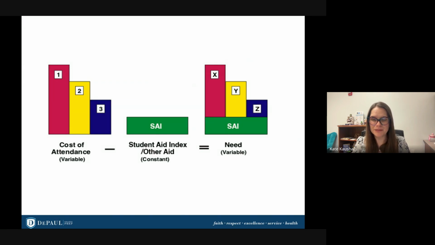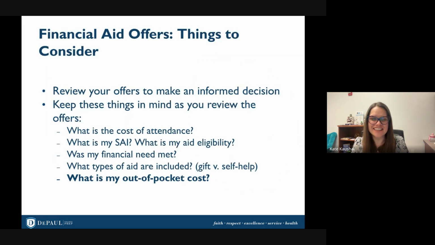Now, a problem can be, even if you have full need, that not all colleges meet full need. So that doesn't necessarily mean you're going to have a financial aid offer that covers everything with no loans and no gaps, because every college has a different amount that they are able to offer to a student. So this is why it's really important to review those financial aid offers to make an informed decision.